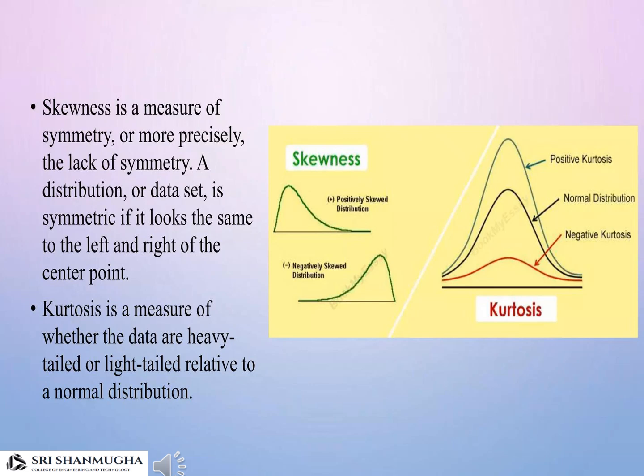Skewness tells us whether the data leans left or right. Kurtosis tells how peaked or how heavily tailed the distribution is. Understanding the shape helps us to choose the right statistical tool, detect abnormalities, and make accurate predictions.